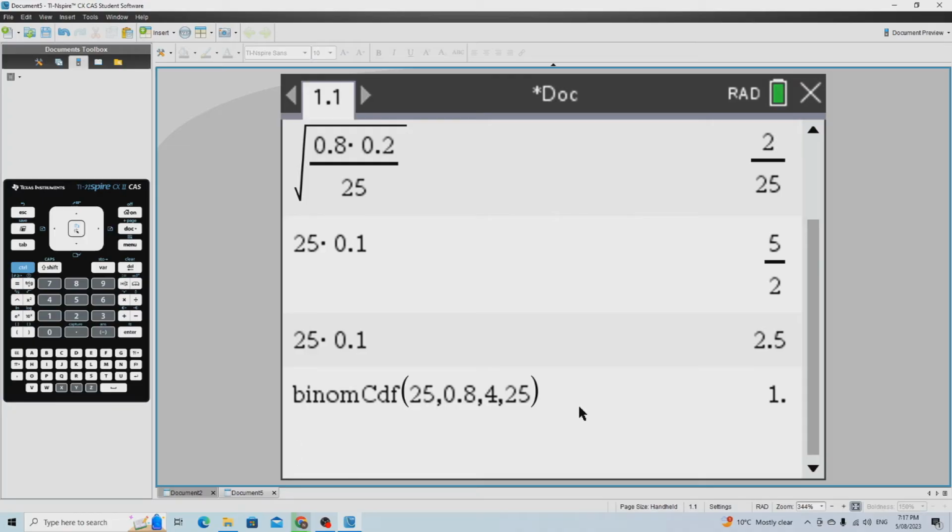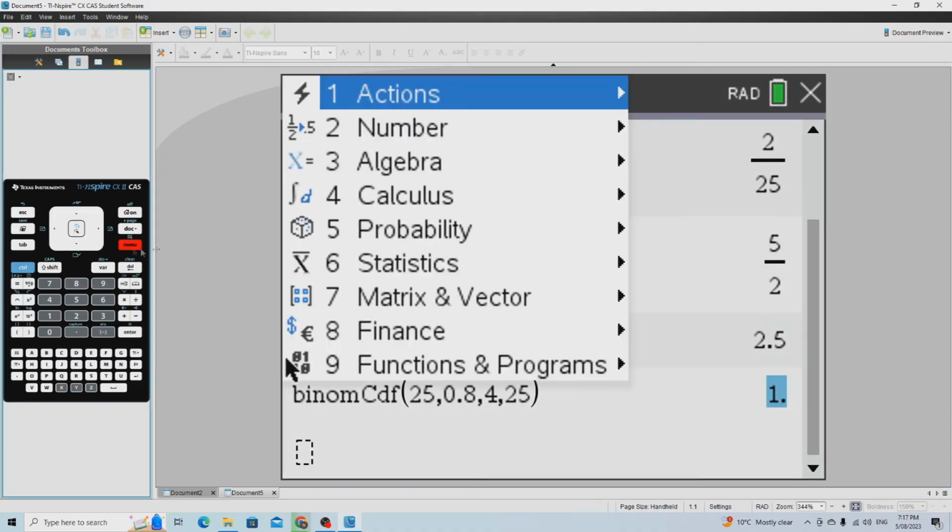Have I made a mistake here? Use the button number. Why is it equal to 1? Ah, okay. To 3 decimal places, yeah. So use the binomial to find that probability x is greater than 3.